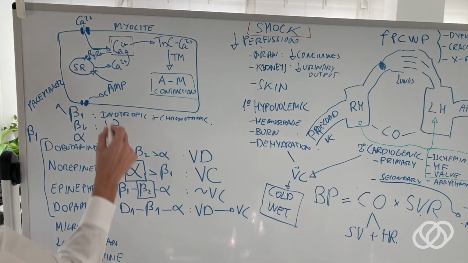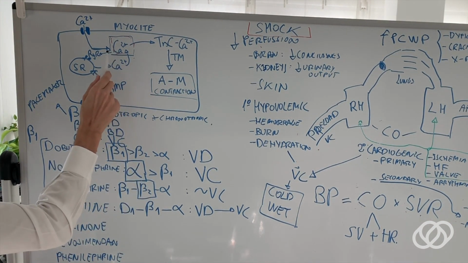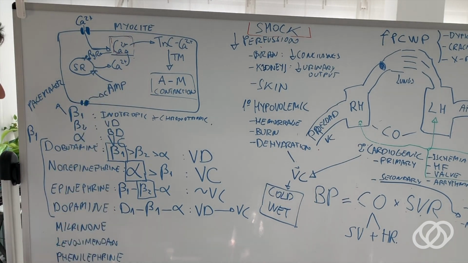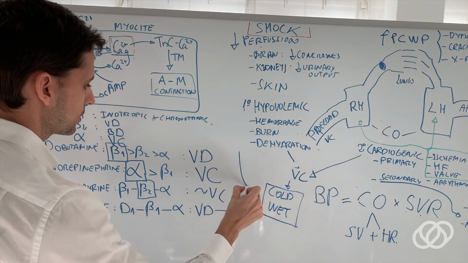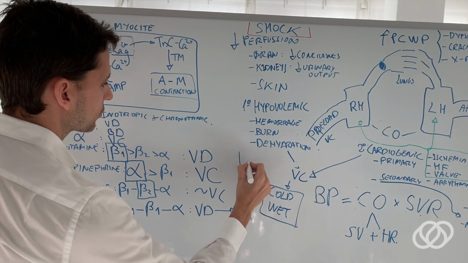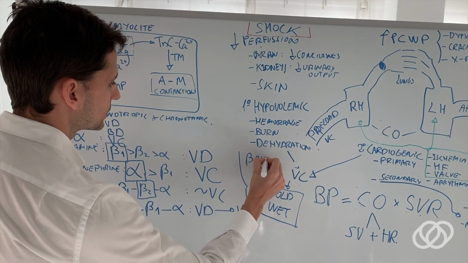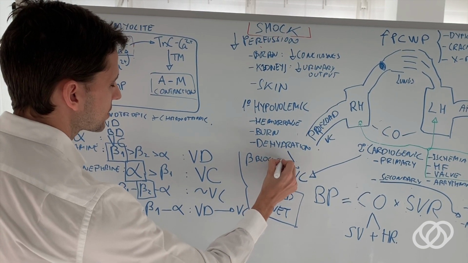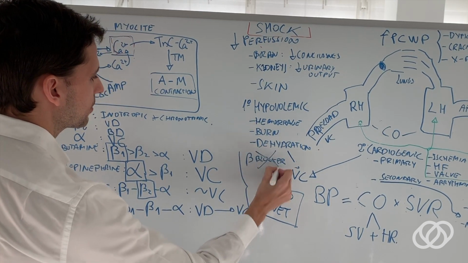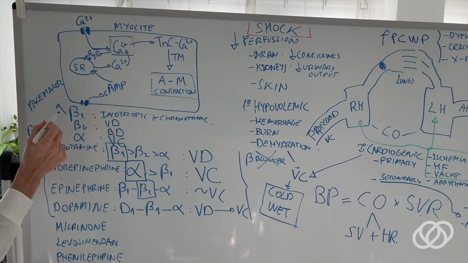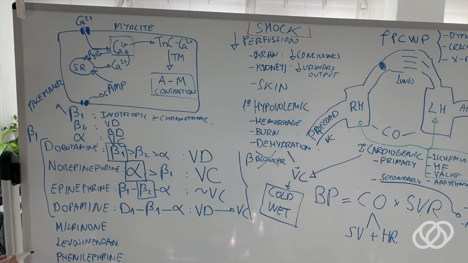Well, apart from the arrhythmia problem that we have already mentioned because of the calcium concentration, we have another 2 problems. The first is that we cannot give them in patients with beta blockers, because we are not going to be able to stimulate those beta-1 receptors.